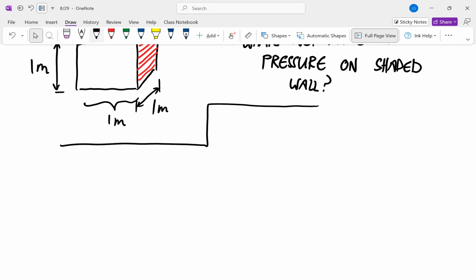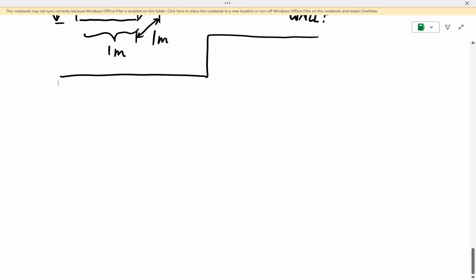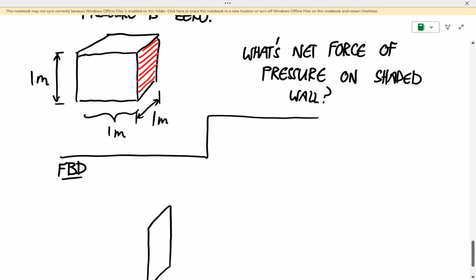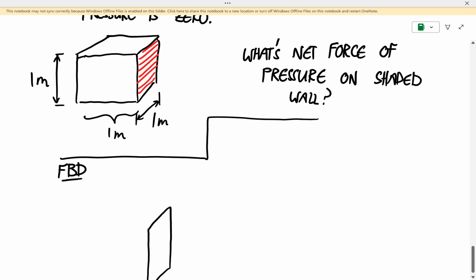So, okay, let's calculate. Here is a free body diagram of that shaded wall. The pressure on the inside of this box is 1.01 times 10 to the fifth.